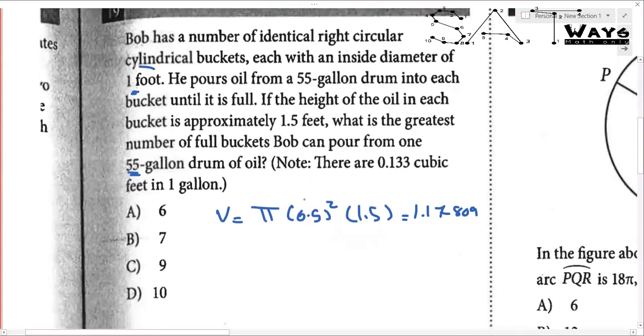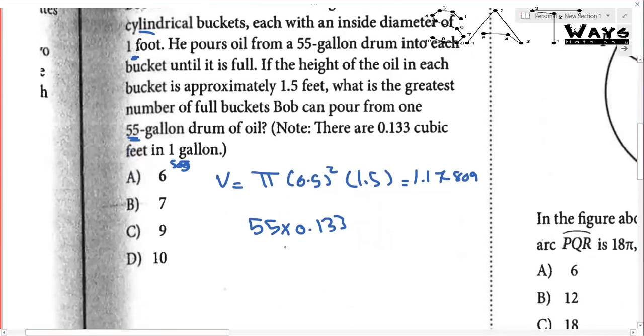All right, if I have 55 gallons, I'm going to transfer it into cubic feet. So 55 multiplied by 0.133 to get the volume in cubic feet, and then divided by 1.17809 to get how many buckets exactly.